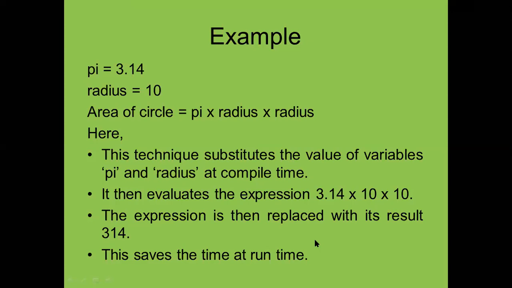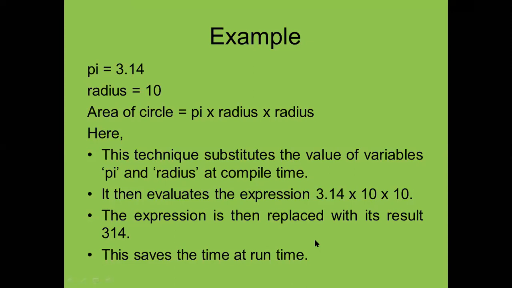But if you are writing a source code, a big program, more than 100 or 200 or 500 lines, and in between there is a term like the area of a circle, where the radius is provided, the pi value is provided, and the area is fixed, then there is no need to write such things.